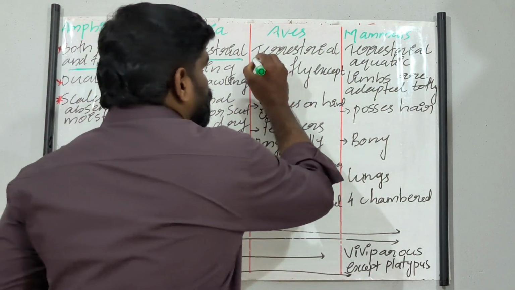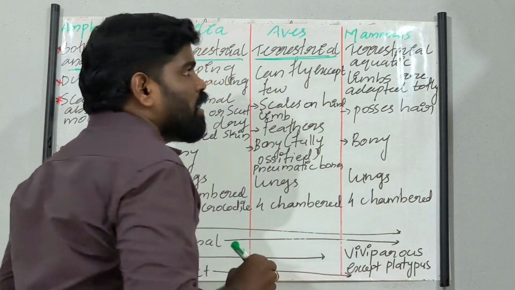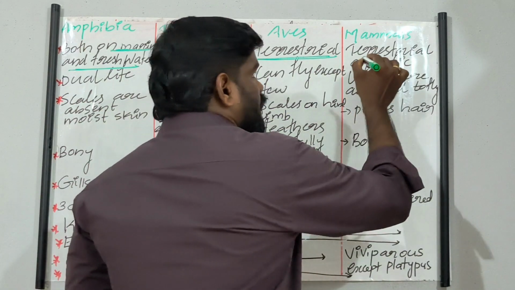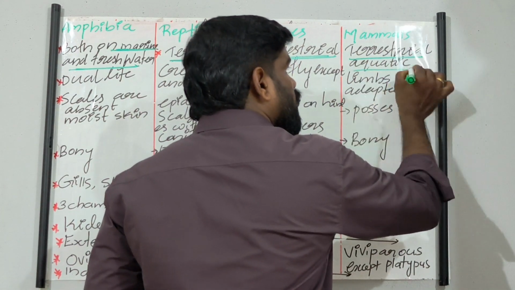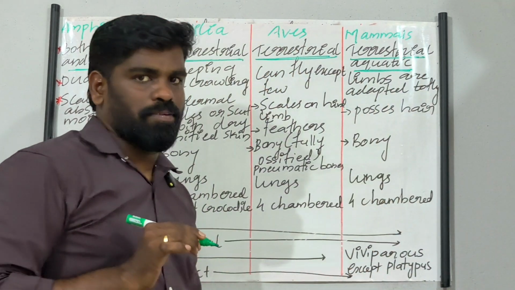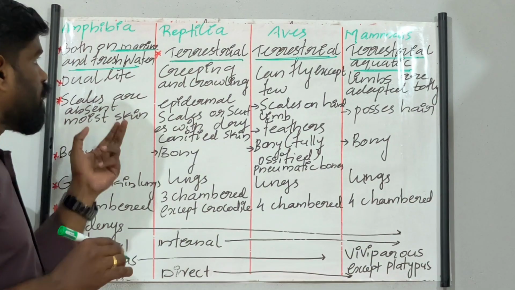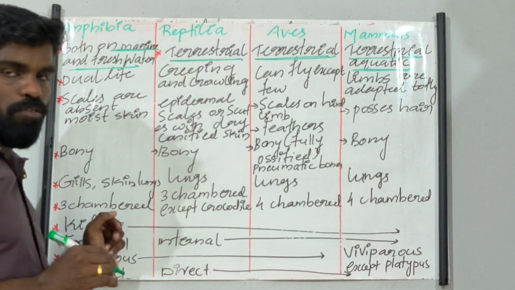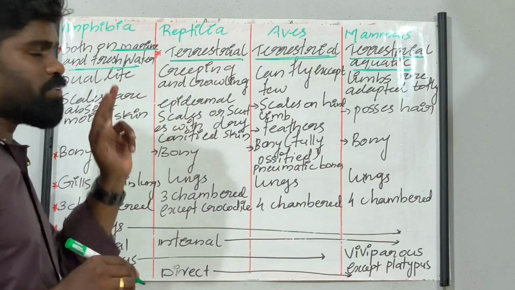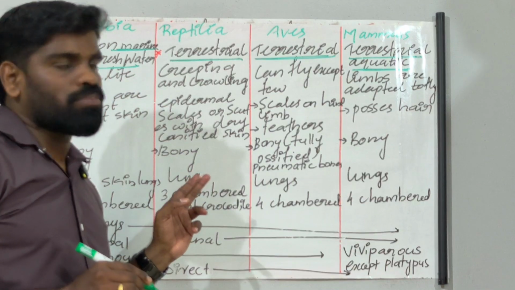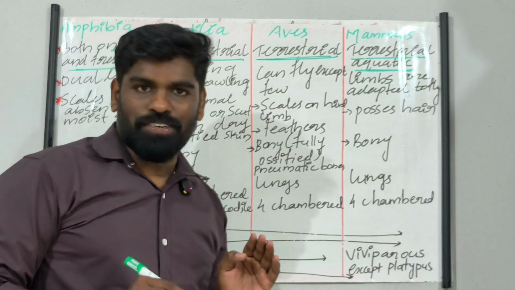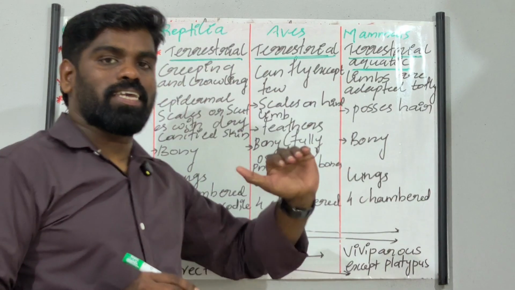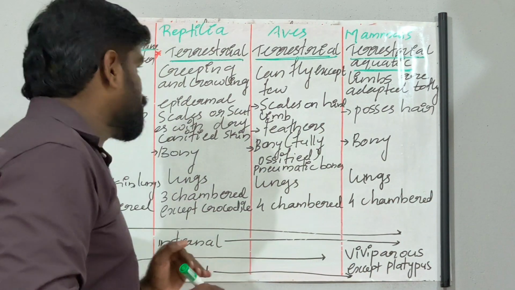And Aves are also mostly terrestrial. And mammals are terrestrial, and aquatic forms are also there. Okay, so Amphibia, both marine and freshwater forms are there. In Reptilia, terrestrial forms are present. Aves are also terrestrial, mammals terrestrial as well as aquatic forms.